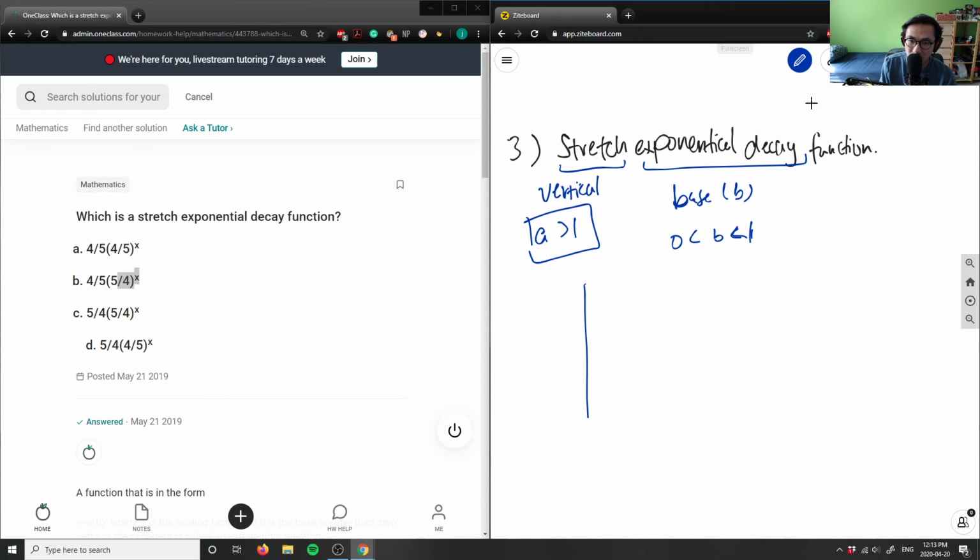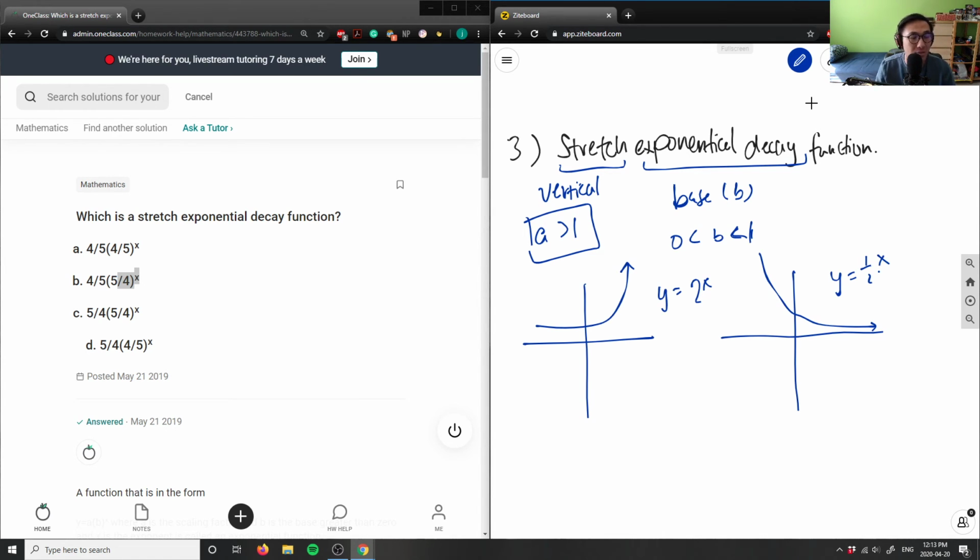If you recall, an exponential increase function would be something like y equals 2 to the power x, right? But for a decay function, it looks like something like this. And this here would be like y equals half to the power of x, or something like that. This here is an exponential decay. This is what we're looking for. This is a decay function, and this is an increasing exponential function.